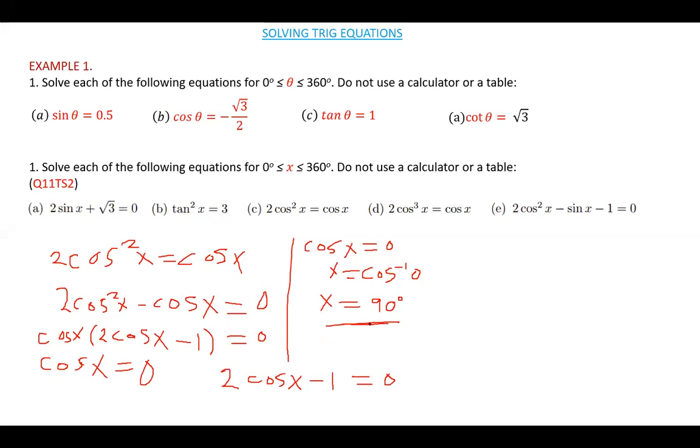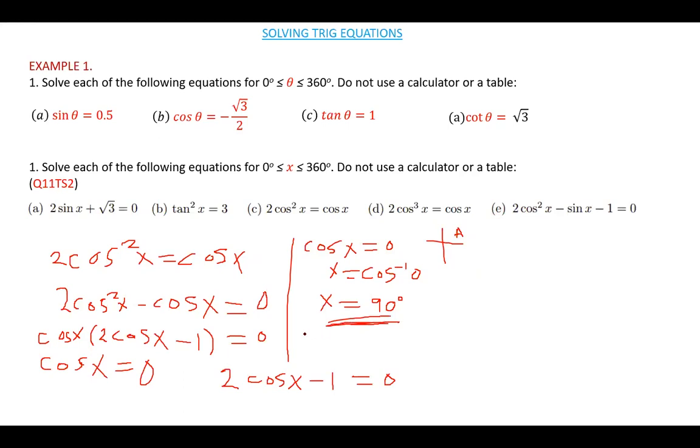You can try it out by finding the quadrants. In the first quadrant, all are positive, and we know cos is positive in the first quadrant, and it is also positive in the fourth quadrant. So in the first quadrant, you get this same answer, your 90, as your final answer.